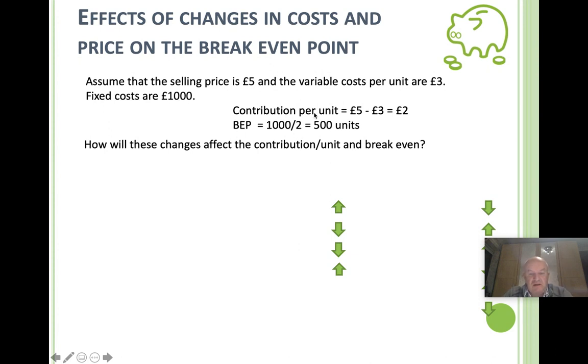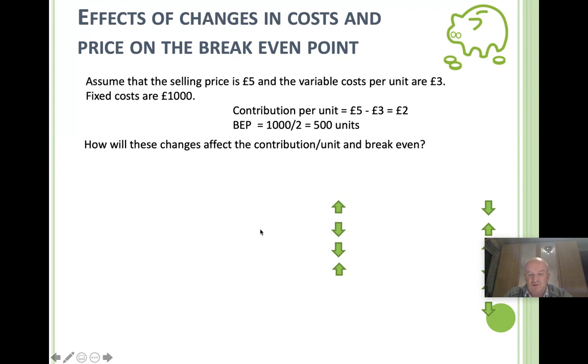So we can calculate our contribution per unit: the difference between selling price and variable cost per unit, 5 minus 3 equals £2. Our break-even point we calculate by taking £1,000 of fixed costs and dividing that by our contribution per unit of £2, so we need 500 units. In this scenario, we need to sell 500 units to break even.